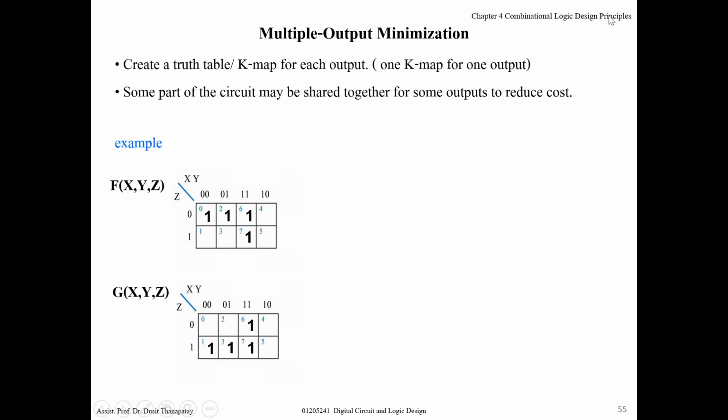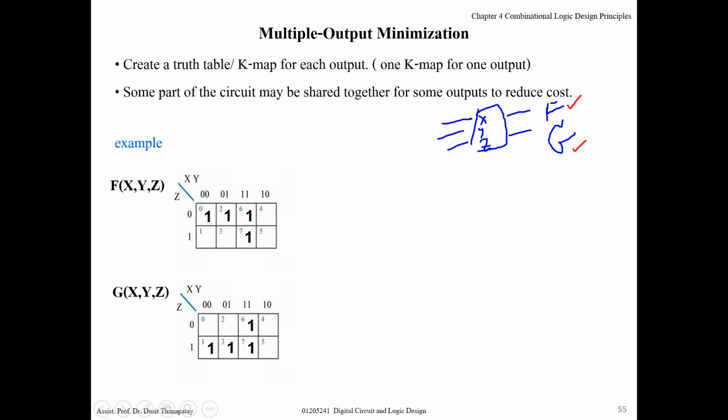For example, this circuit has 2 outputs, output F and output G. And there are 3 inputs, X, Y, and Z. For multiple output, you just consider each output. For example, F is a function of X, Y, Z, maybe with this Kmap. You just find the equation for each one.